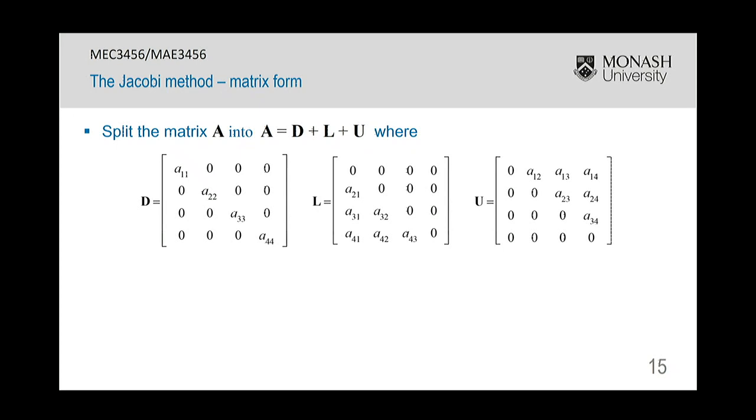Just as a slight aside, we can actually write the Jacobi method in more of a matrix form. What we need to do is split the matrix A into three components. A diagonal component, which contains just the diagonal components of A, a lower diagonal, where everything below that diagonal is put, and an upper diagonal, where all the points above that main diagonal are put.